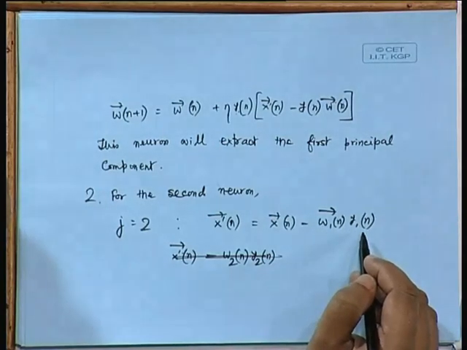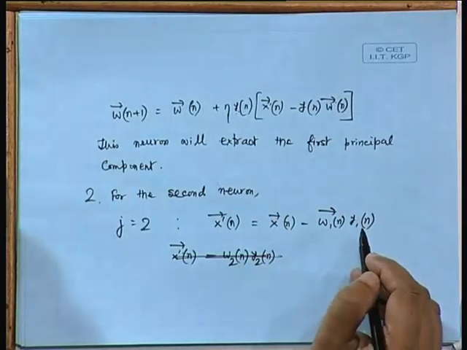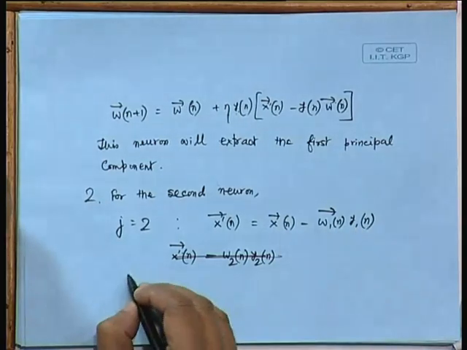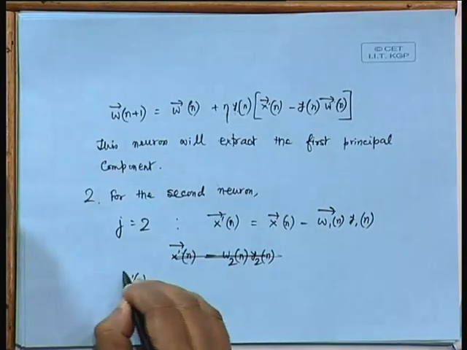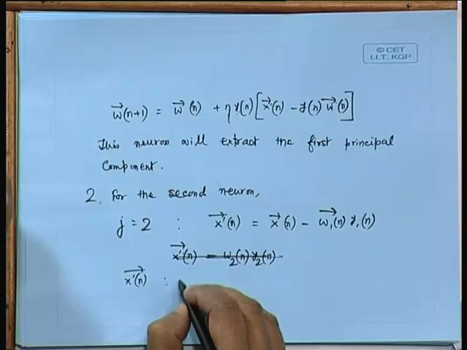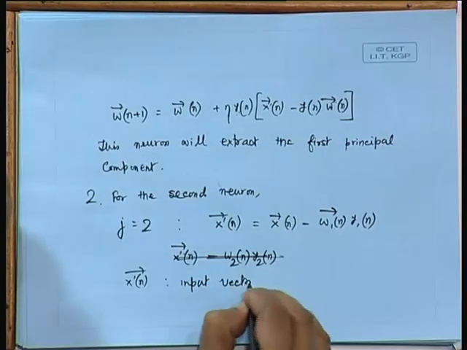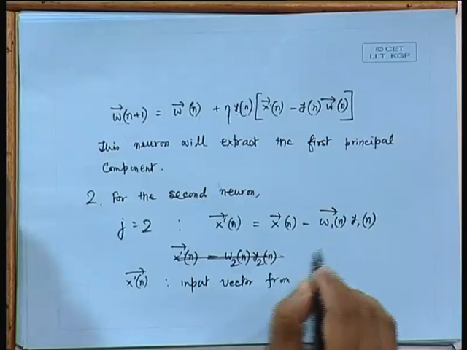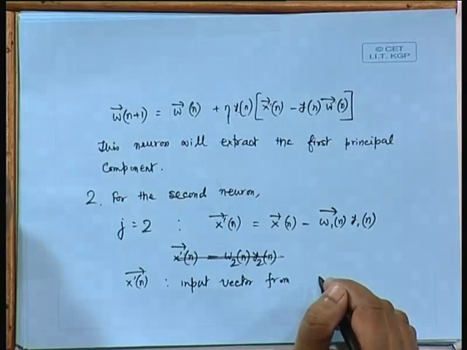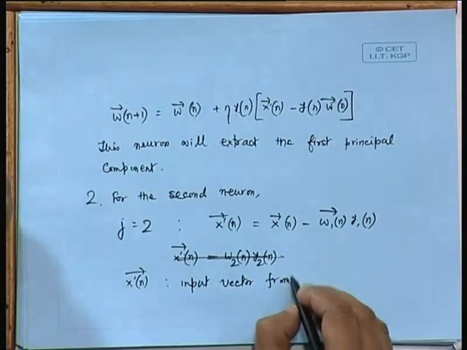Okay. So, what is this? This is the case that this x prime n is basically realizing an input vector from which the first eigenvector of the correlation matrix has been removed.